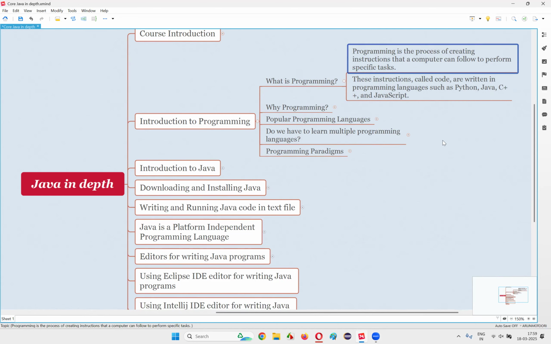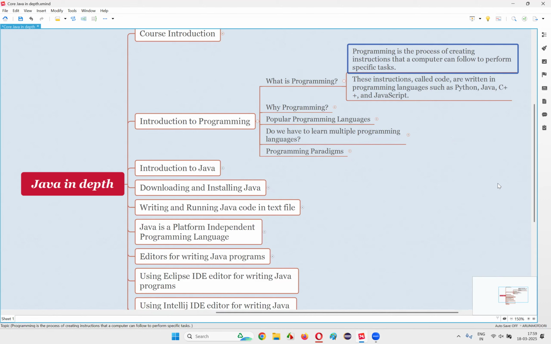In the real world, there is a role known as programmer or developer. The programmer or developer will write some code, and that code will work like instructions. To whom are we giving that code as instructions? To the computer machine the programmer or developer is working on.